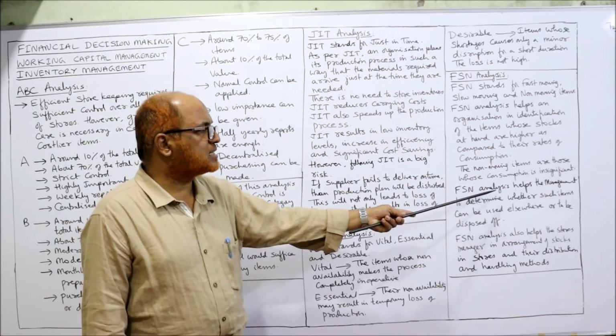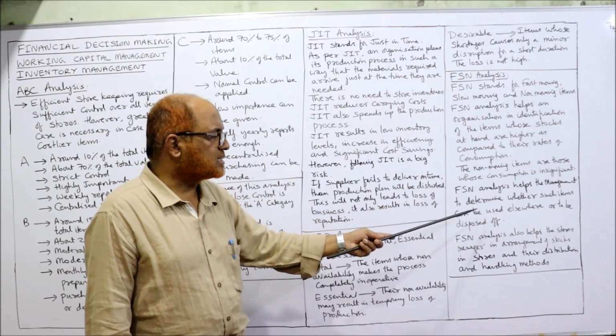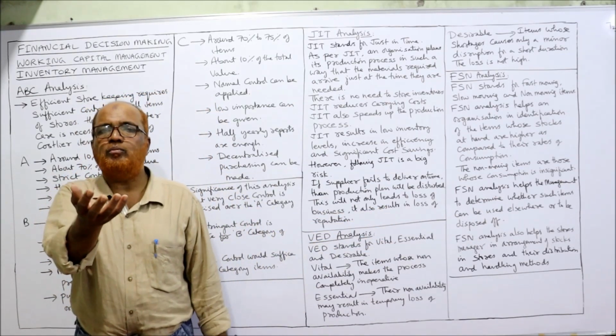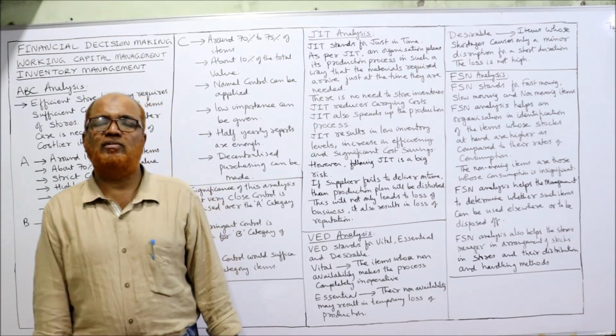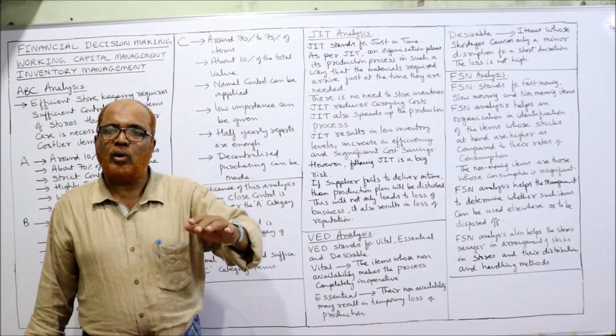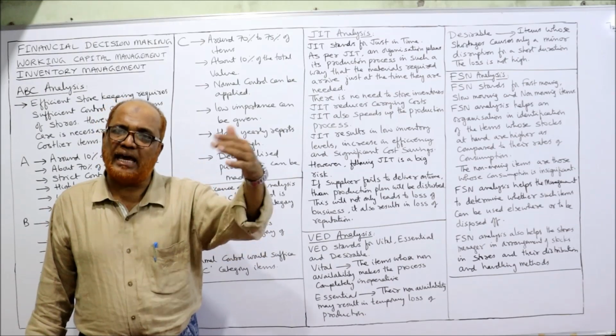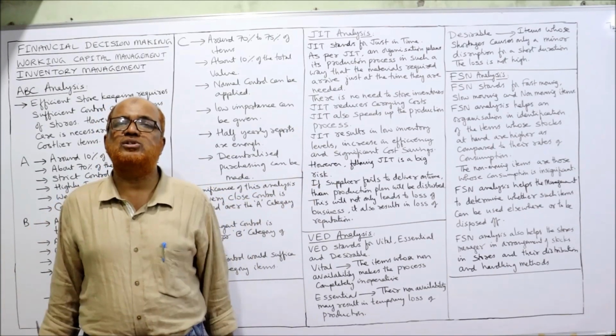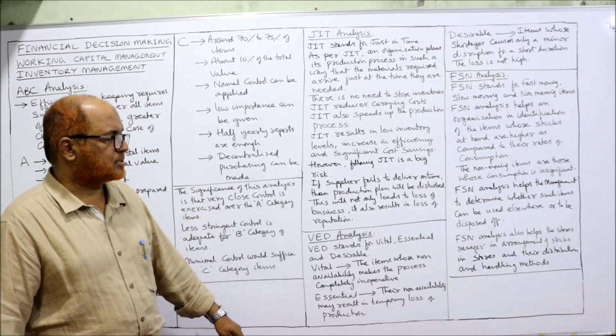FSN analysis helps the management to determine whether such items can be used elsewhere or should be disposed of. If non-moving items are there, the management will decide: can we use these items in any other production process, or should we dispose of them?